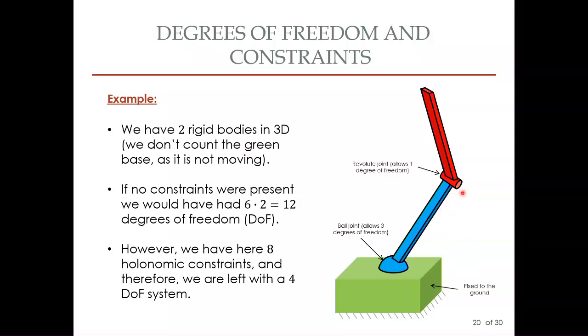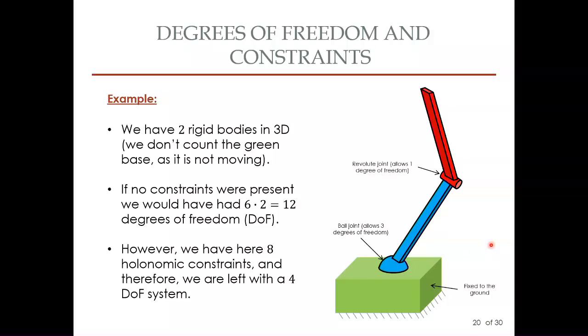So for this joint, I will take away 5 because I don't allow 2 rotations and 3 translations, and I will take away here 3 for the XYZ, 3 translations that are not allowed. So 8 overall, 5 and 3 constraints.